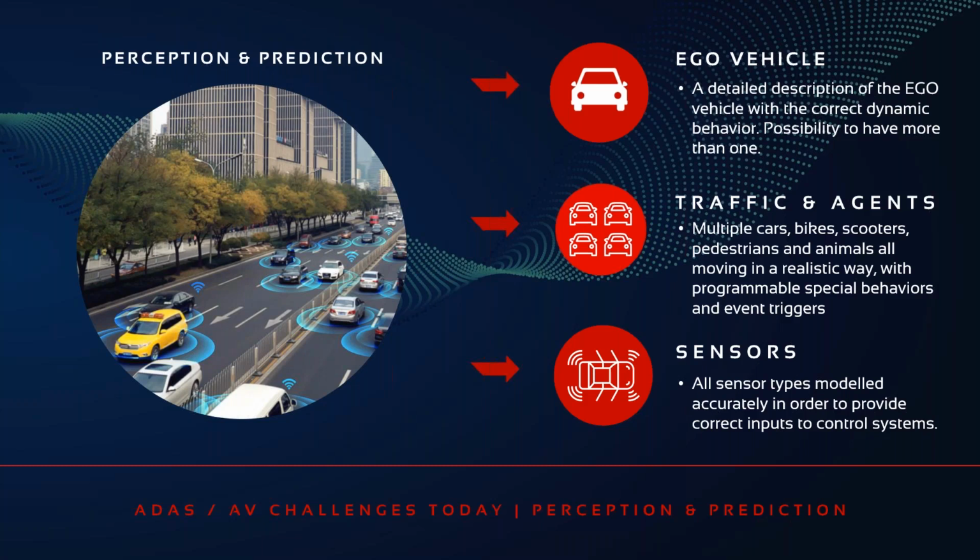You also need traffic and agents such as pedestrians, animals, bicycles, that kind of stuff. These elements have to move in a realistic way. And then sensors required to perceive which objects and entities are in the vicinity of the ego vehicle.